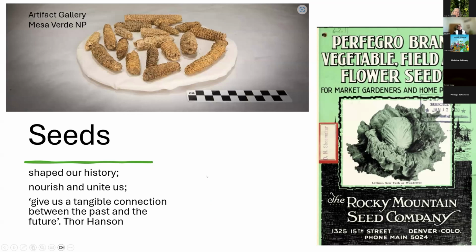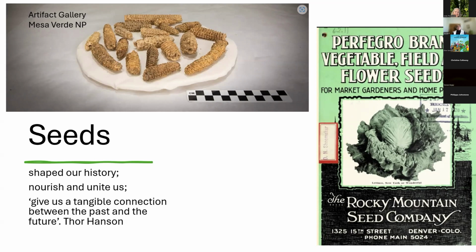Now, others have said this much more eloquently than I will say it, but seeds are incredibly important. Seeds are incredibly beautiful and distinct. They shaped our history, they shape our future, they nourish us, they unite us.